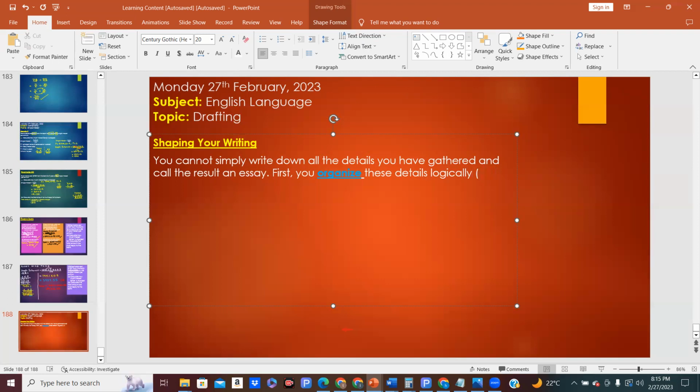Basically means in a sensible way, in a way that makes sense, so that the reader can assemble them into a clear picture of your subject.